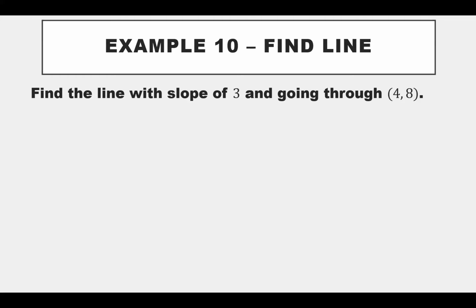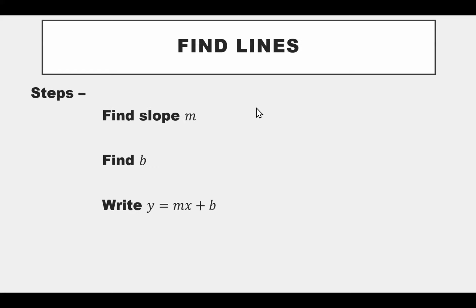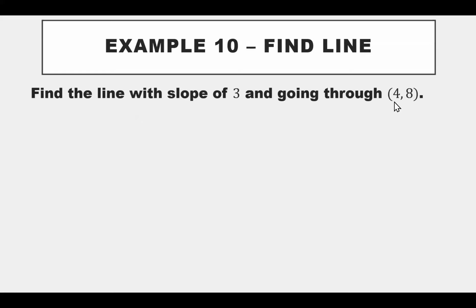We know it is 3. And so the main objective of example 10 is going to be to find the b. So I've found the slope already because it was given to me. Now I'm going to use that to find the b. That and the fact that I know it goes through the point 4, 8.